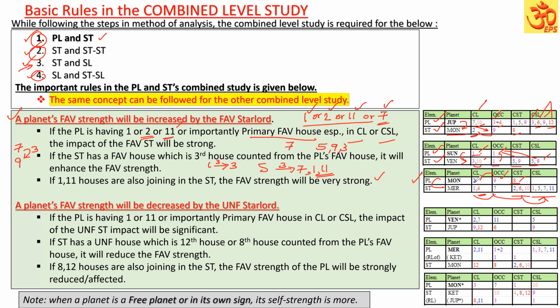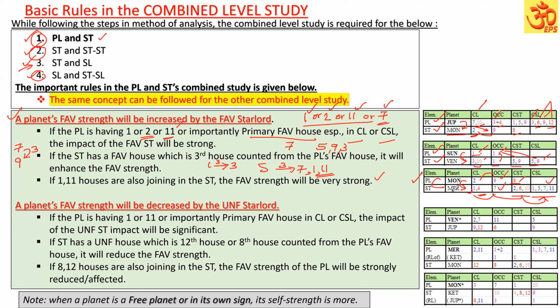Now, that planet is the 2nd Lord occupying the 9th house. It is getting the strength of 1, 7, 2, 1, 5, 7, 11. A favorable planet in the nakshatra of another favorable planet, which has especially good grouping. The 2 primary houses are there, Lagna also there, and the 11th house also there, 1, 5, everything is good, and these house matters are going to get benefited.